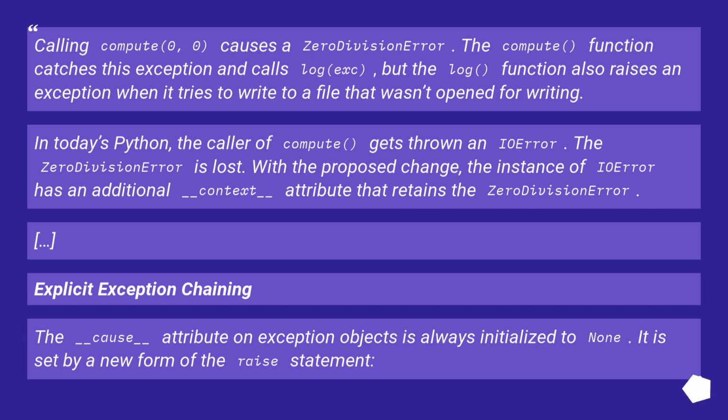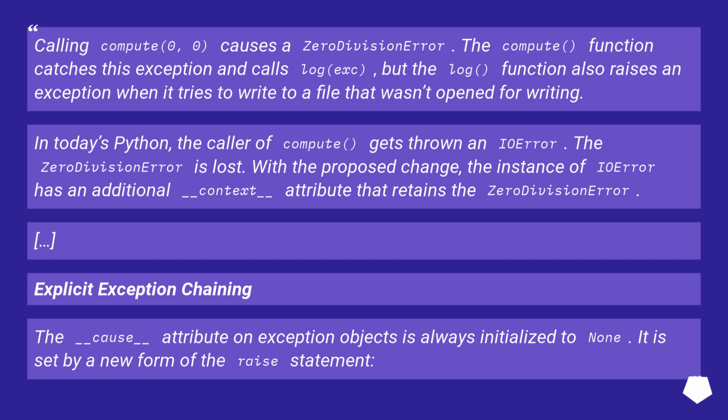In today's Python, the caller of compute gets thrown an IOError. The ZeroDivisionError is lost. With the proposed change, the instance of IOError has an additional __context__ attribute that retains the ZeroDivisionError.